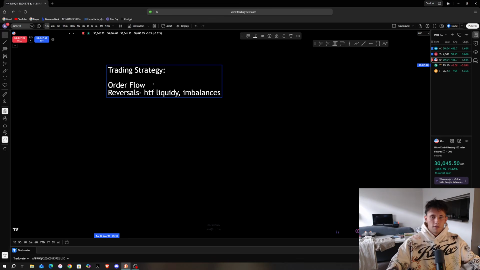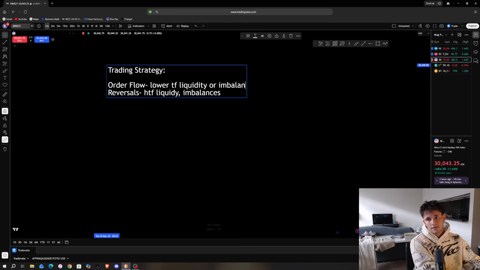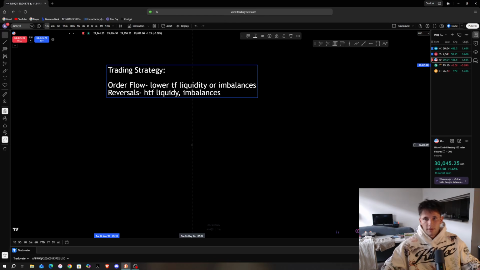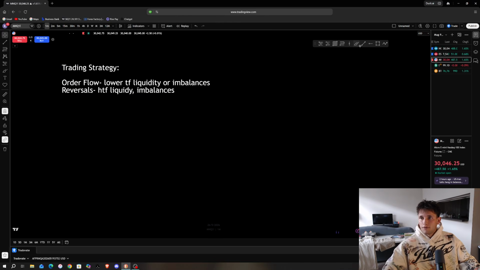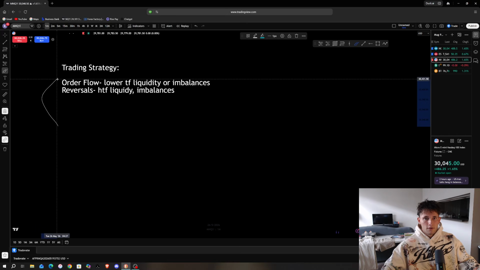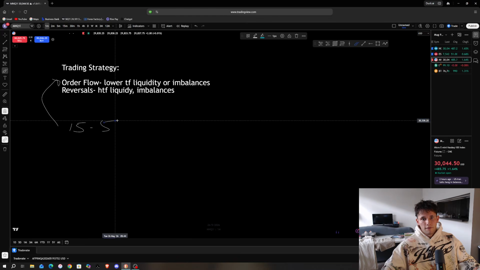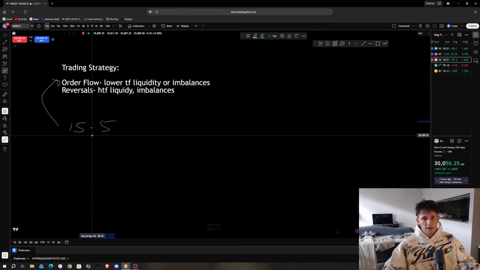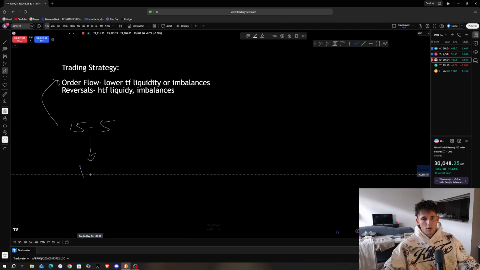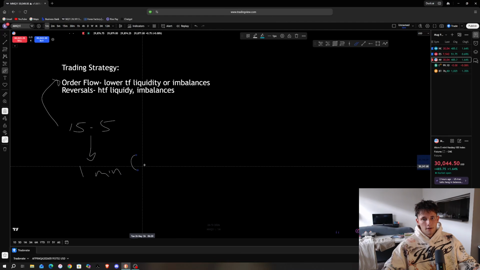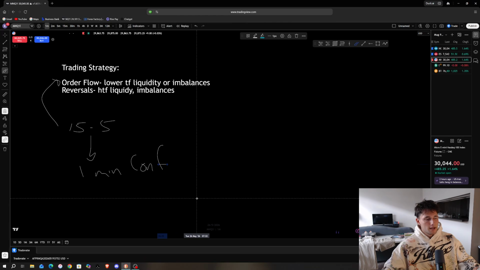And then order flow trades are like lower time frame liquidity or imbalances. This will make more sense. So for the order flow part, it's normally like 15-minute, 5-minute liquidity or imbalances with then 1 minute confirmation, right?